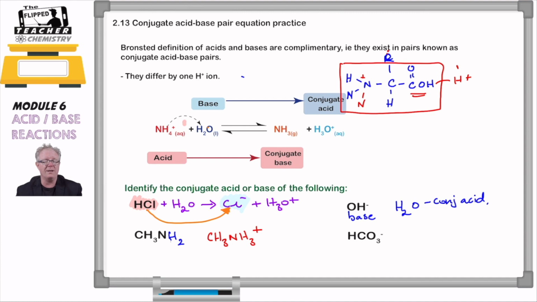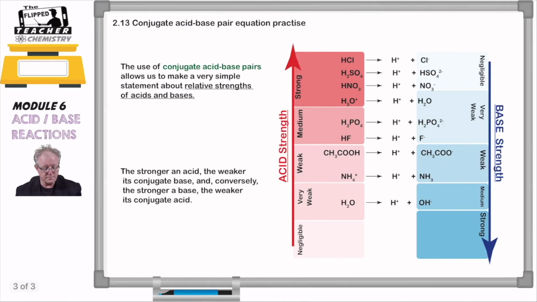We're going to look at that later when it comes to looking at different values for that. So basically this is going to be acting as a base here, and so what's going to happen is it's going to accept a proton, and that's going to form H2CO3, and so this is acting as the base, and this is acting as the conjugate acid.